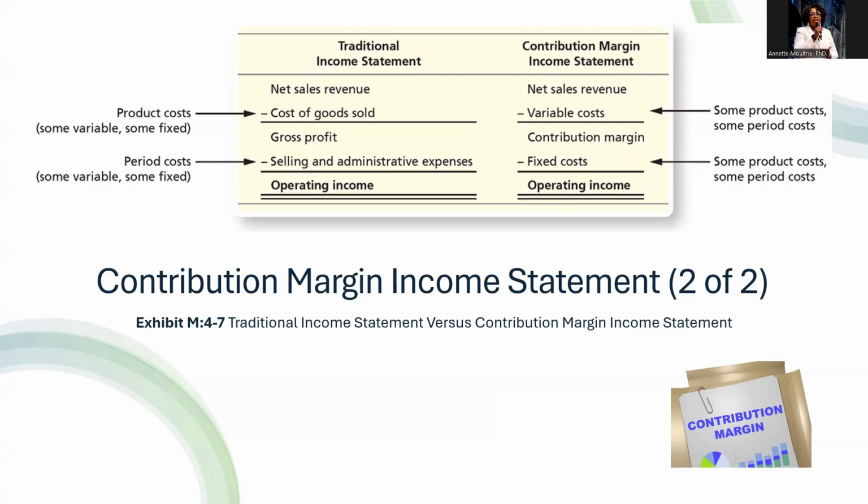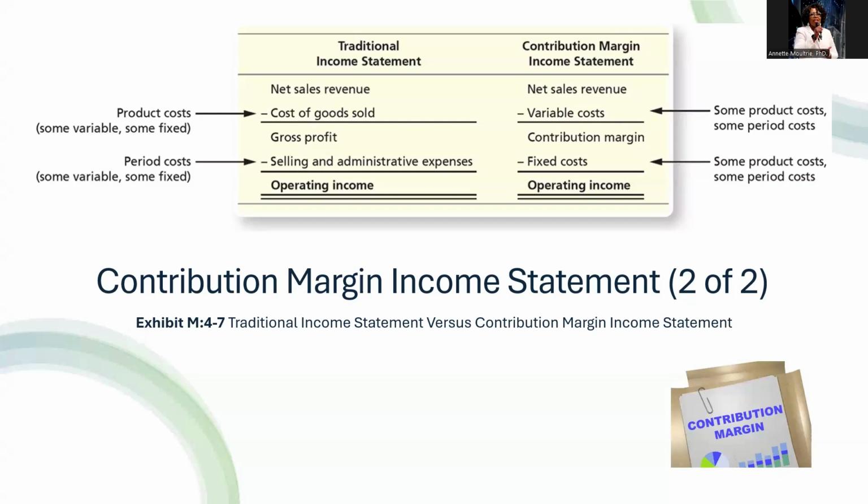These costs also accumulate in the inventory accounts until the product is sold, at which point they are recorded as cost of goods sold. Now, the period cost includes selling and administrative expenses, which are not directly tied to production.